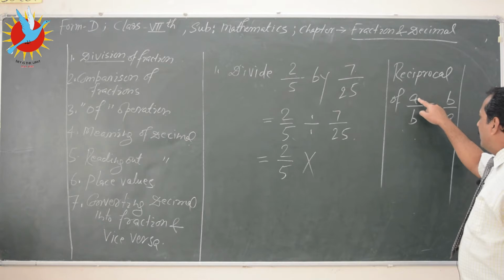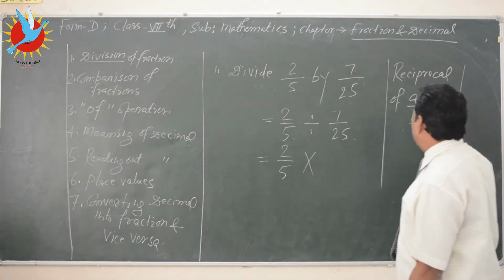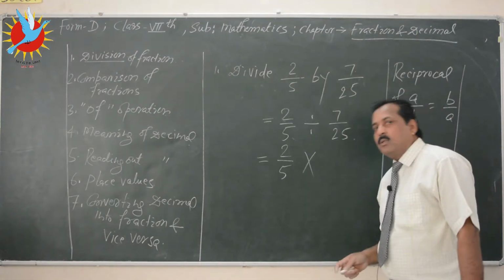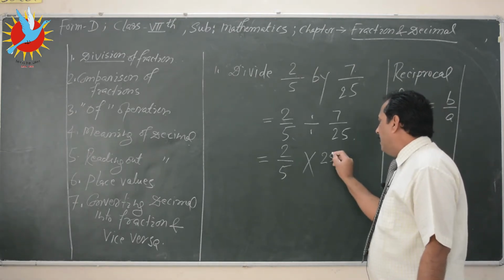The numerator is written in place of the denominator, and the denominator is written in place of the numerator. So take the reciprocal of this. What will be the reciprocal of 7 by 25? It will be 25 by 7.